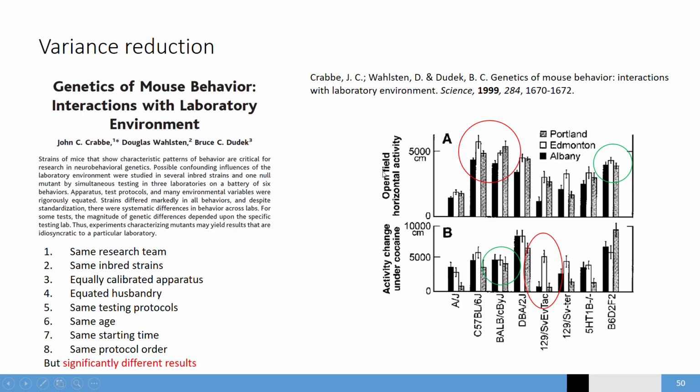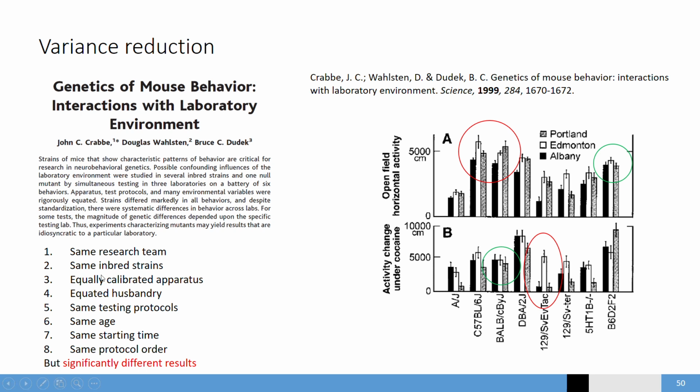how these animals behaved. So you can see activity change under cocaine, open horizontal activity. So they were measuring how these animals behaved in different conditions, and they tried to make everything the same except the lab where they did the experiment.